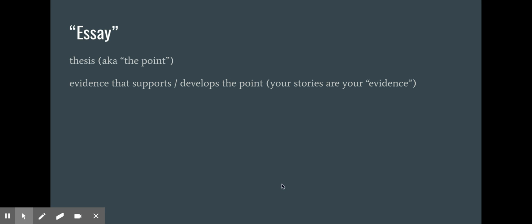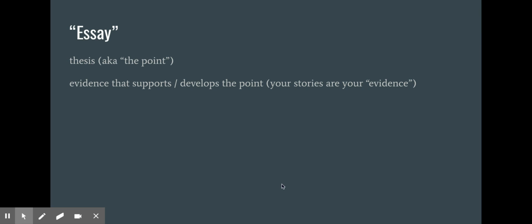Now, the last word in this phrase is essay, personal narrative essay. So what makes a personal narrative essay an essay? There are a lot of differences between a narrative essay and an academic essay, and I mean an academic essay being like an essay you'd write for a class. But there are some key similarities. And one of those similarities is that they both have a thesis.